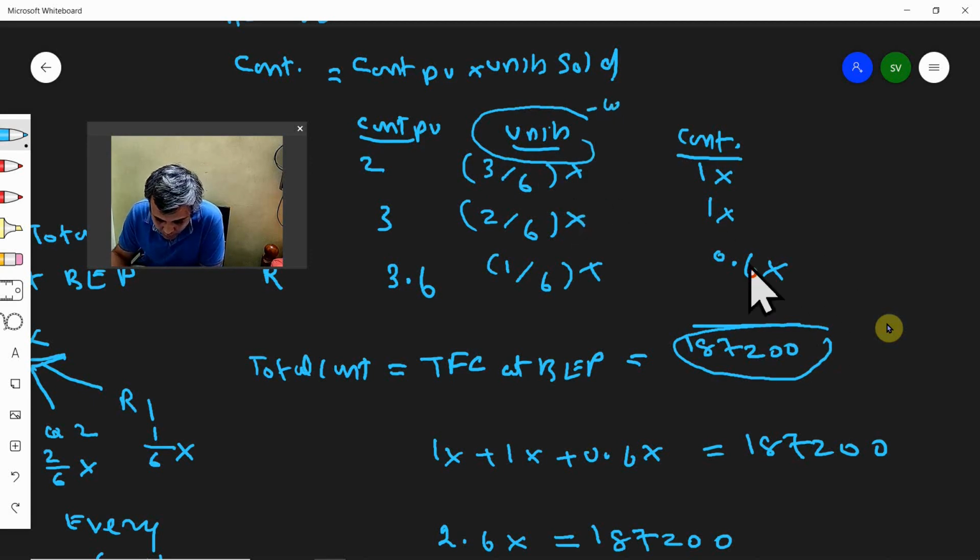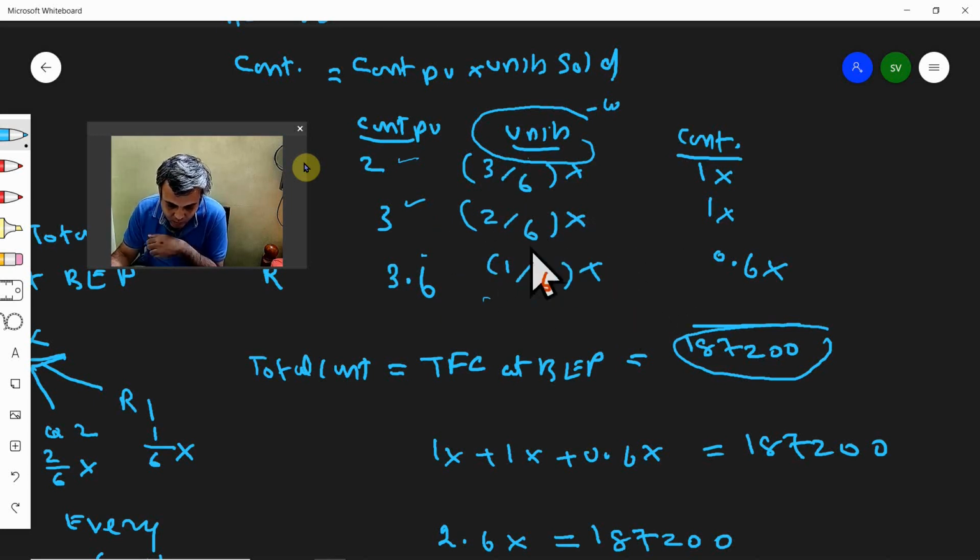The overall BEP depends on total contribution. Total contribution in turn depends on two things: the contribution of each type of product, and its composition. Out of 6, 3, out of 6, 2, out of 6, 1. Both influence now. So I have to calculate the average contribution per unit.